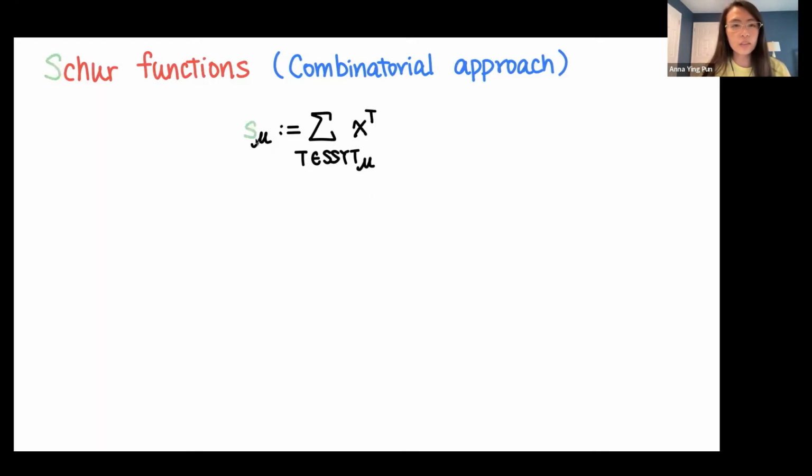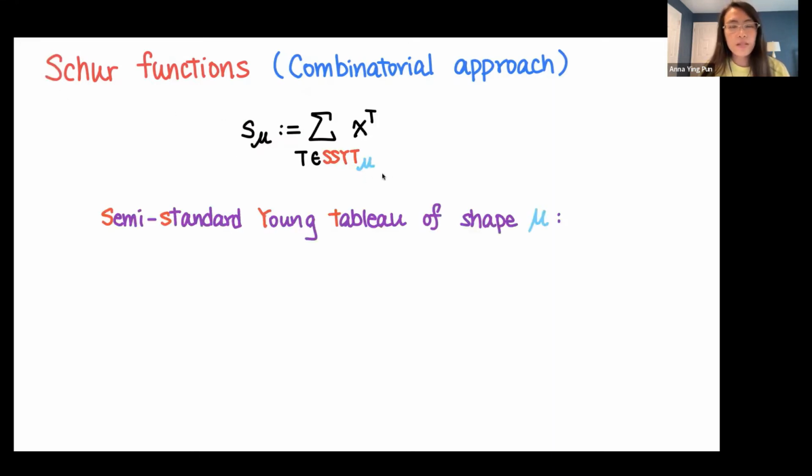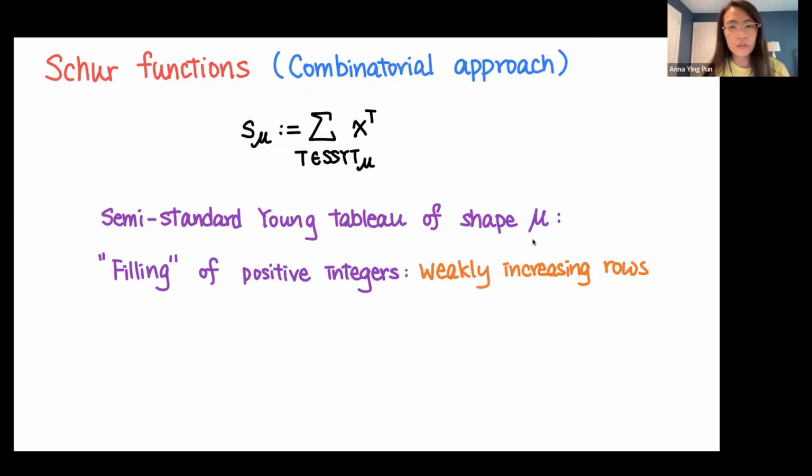So what are these? We use s just because it's the Schur function. SSYT stands for semi-standard Young tableau of shape mu. And what it is is just fillings of positive integers. You can think about it as like Sudoku with some rules there. So you fill in the boxes in the Young tableau, like a diagram, so that the rows are weakly increasing and the columns are strictly increasing.